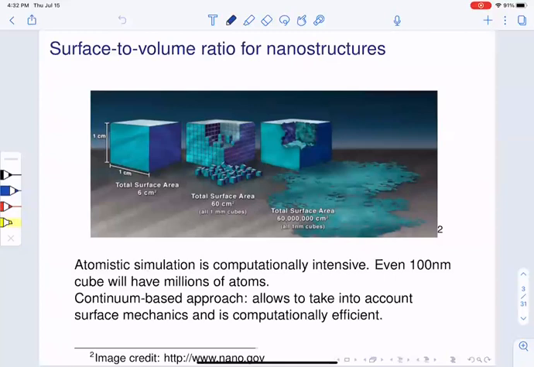The completely honest approach would be atomistic modeling. However, the problem with atomistic modeling is the large number of atoms, even for very small objects, so it is computationally difficult. A continuum-based approach will allow us to take into account surface mechanics while being computationally efficient.